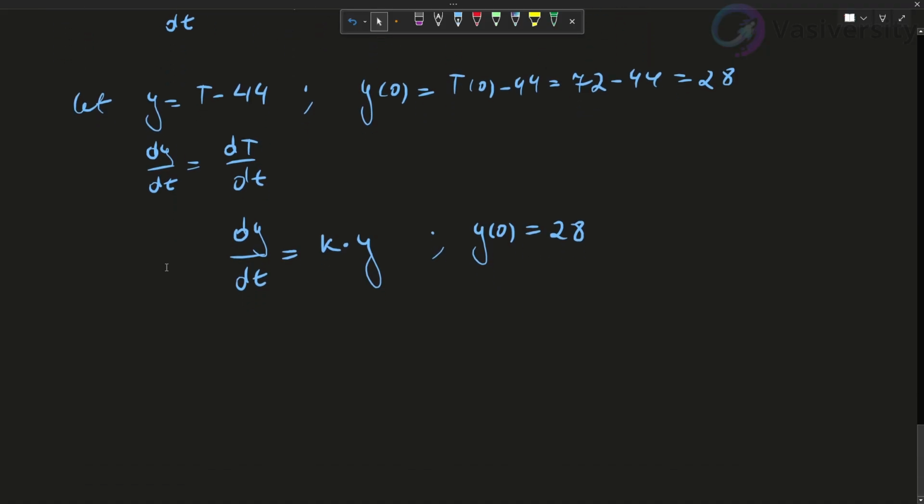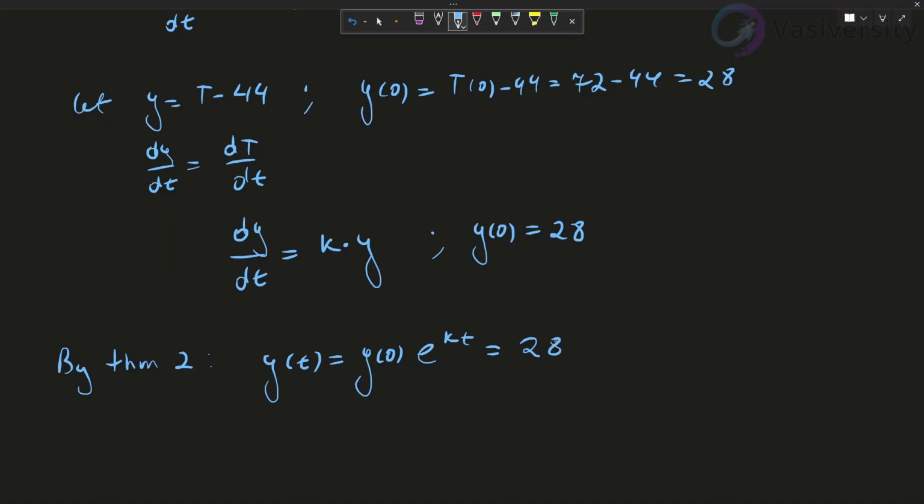By theorem 2, we will have that y of t is equal to y0 times e to the kt, which in our case is 28 e to the kt.